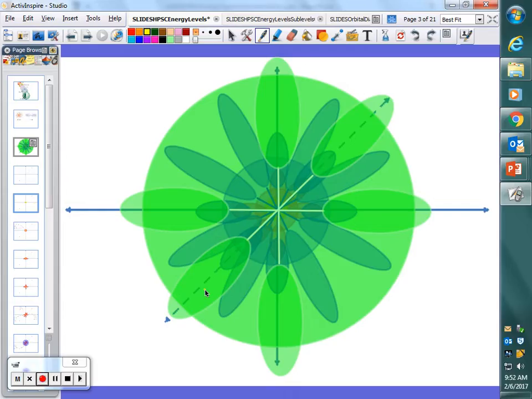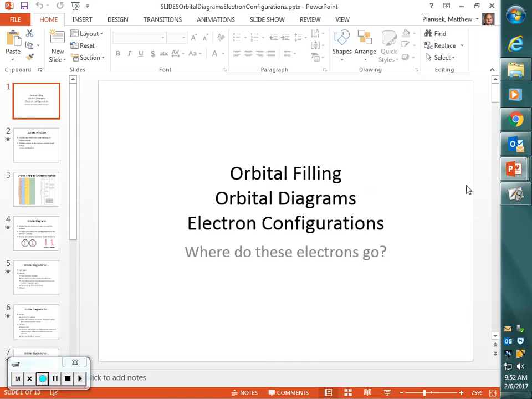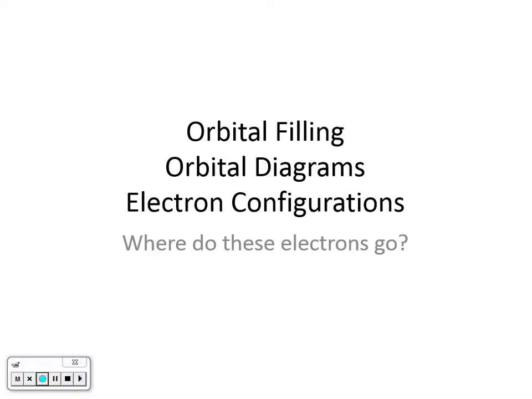If we take a look at an atom that has 10 electrons or 15 electrons, trying to put them in this drawing is going to be confusing. And so we need to do something besides this to simplify the idea and hopefully represent these electrons a little bit better. In order to do that, we are going to take a look at our next section, which is about orbital filling and orbital diagrams, okay?